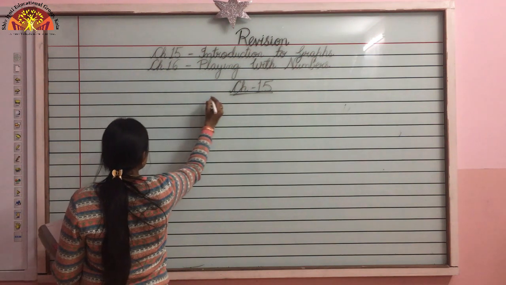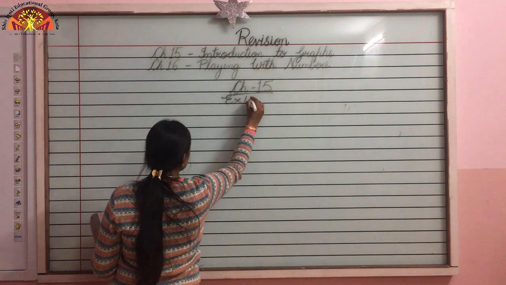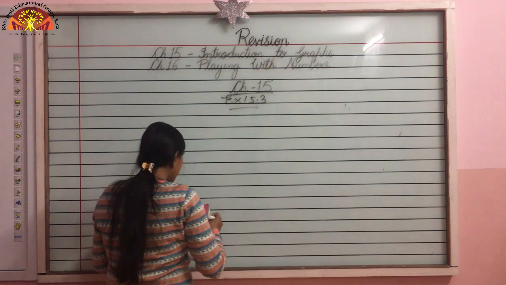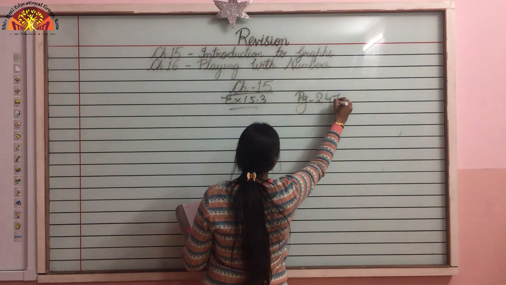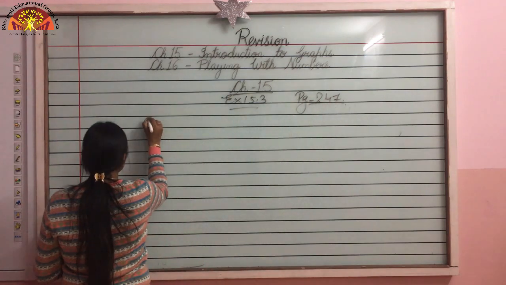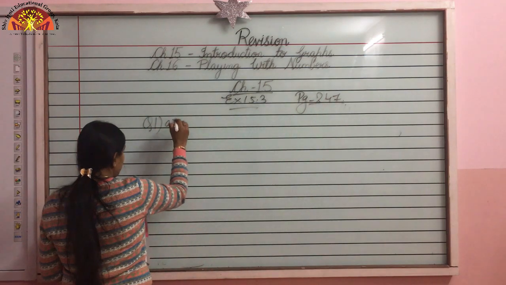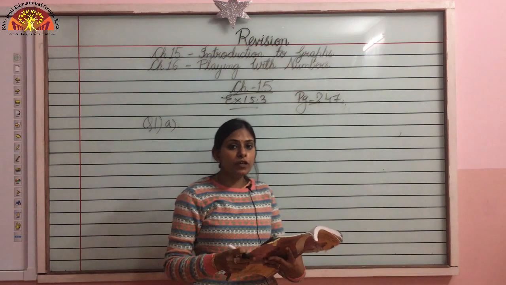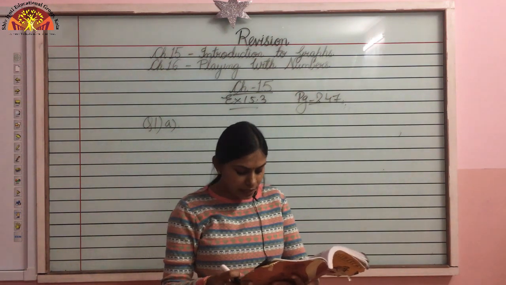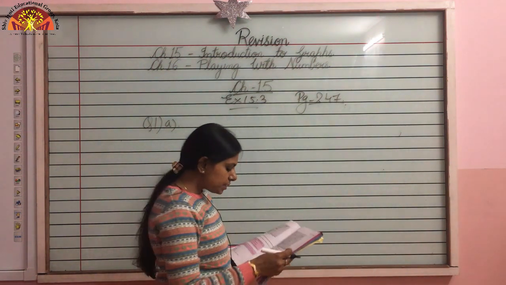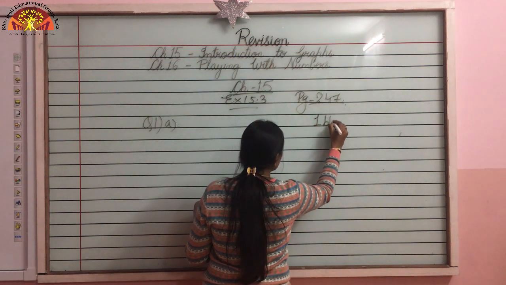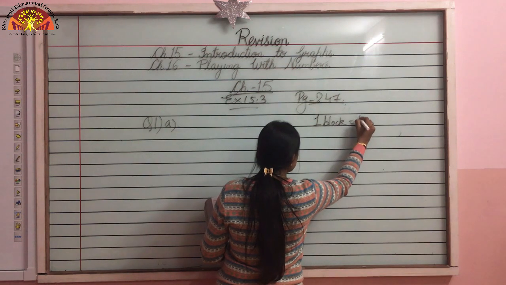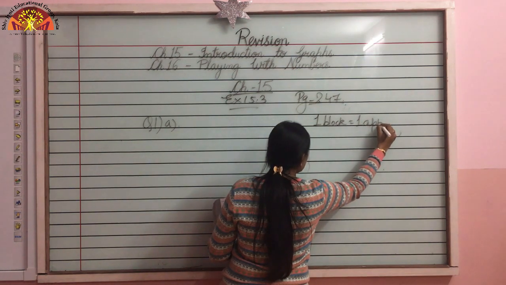This is exercise 15.3, page number 247, question number 1, A part. Okay, so you can refer to your table from your book and I will plot a graph for you. So I am taking the scale, that is 1 block is equal to 1 apple.